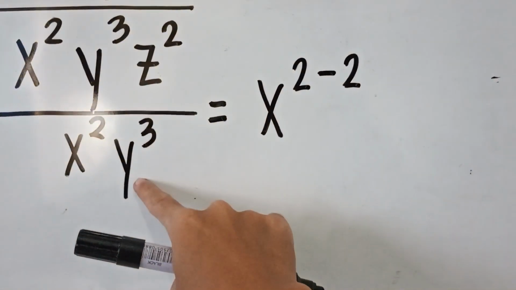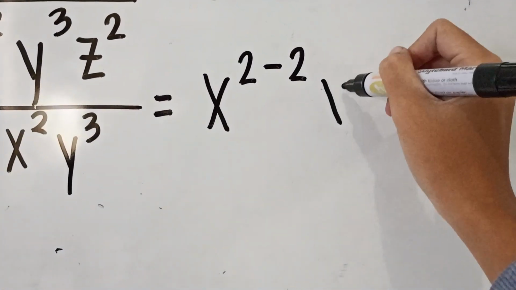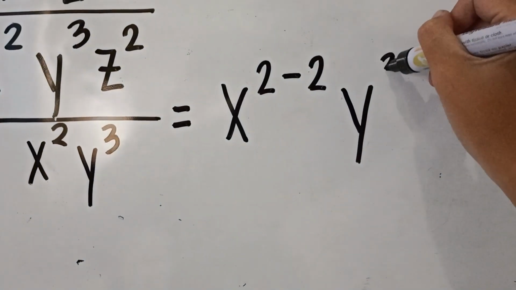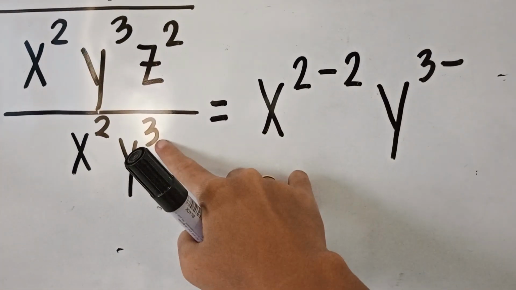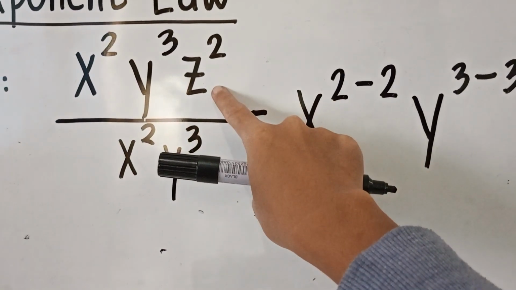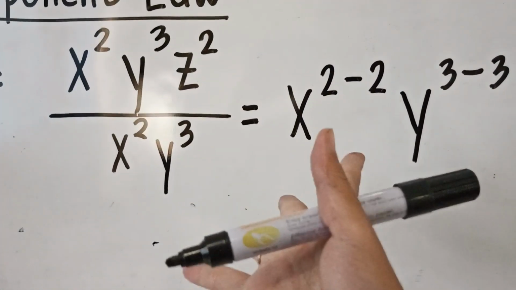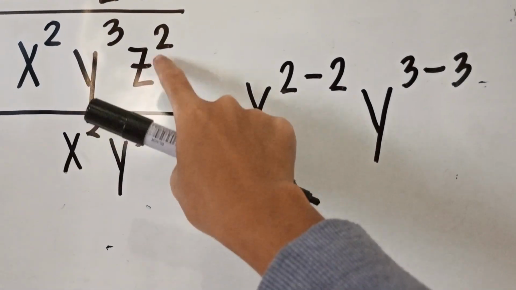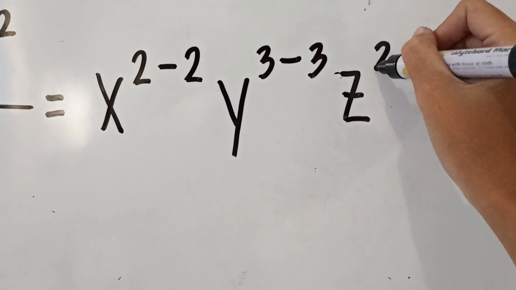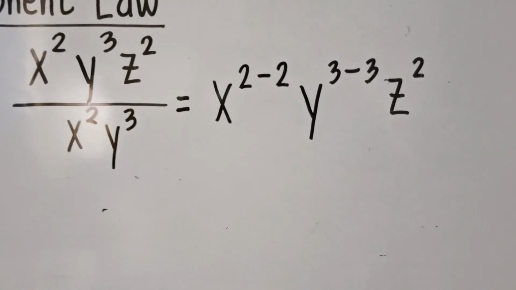Next variable is y, and then we are going to copy 3. Then subtracted with another 3. Next, we're gonna have the variable z, and since at the lower part there is no variable z, we're just gonna copy z squared as it is.